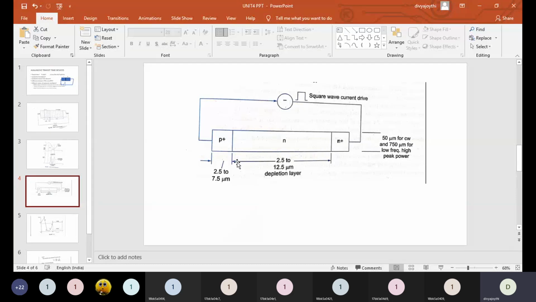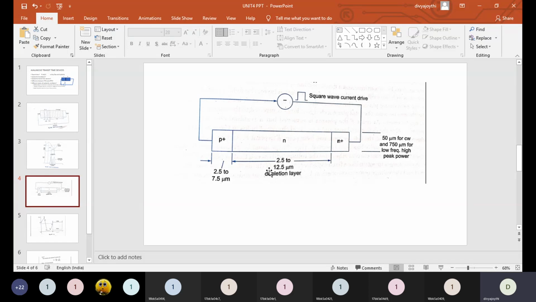The TRAPATT diode is very similar to the IMPATT diode, but the only difference is that in the process of generating the output voltage signals, the formation of plasma takes place, which is needed to generate the high frequency microwave signal in the form of voltage.